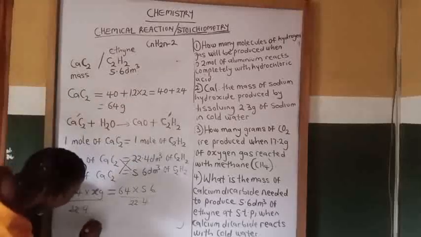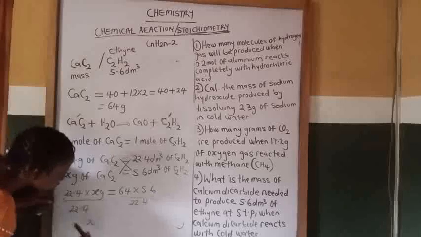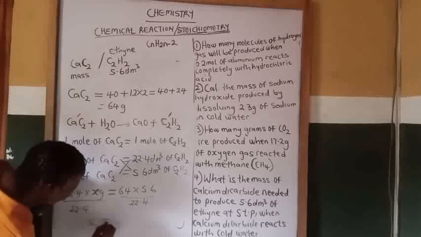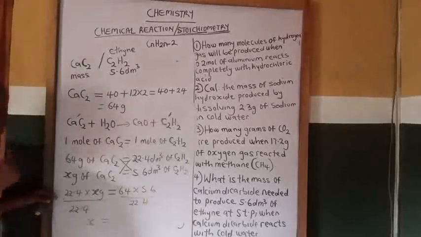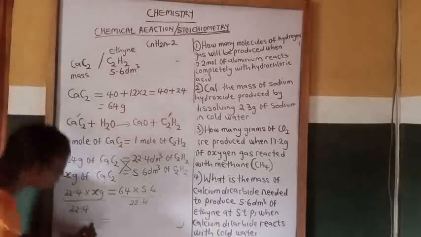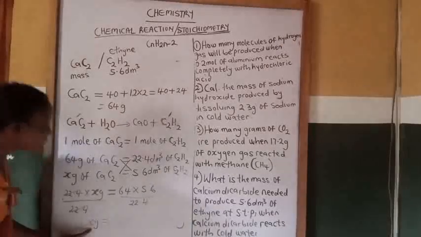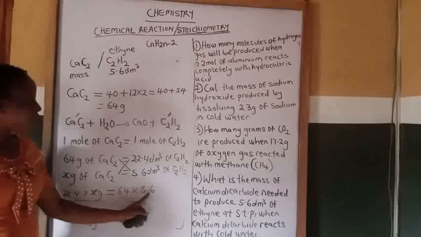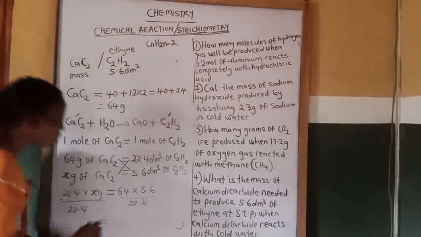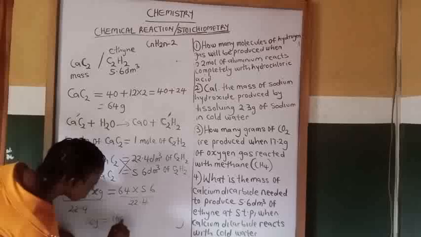Then x gram will be equal to 64 times 5.6 divided by 22.4, which will give us 16 grams.